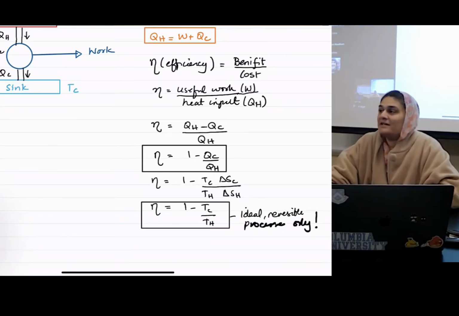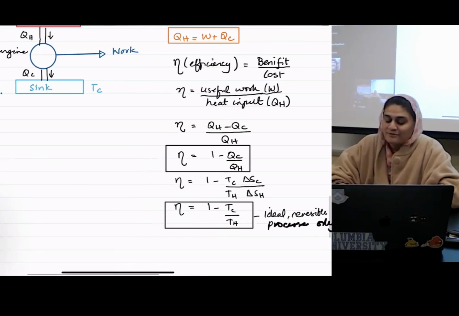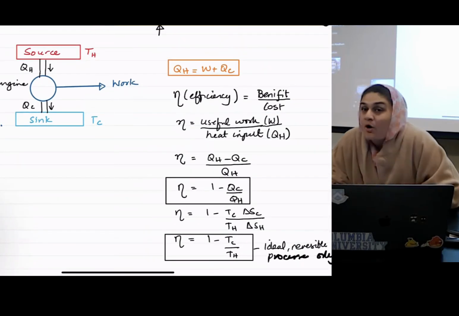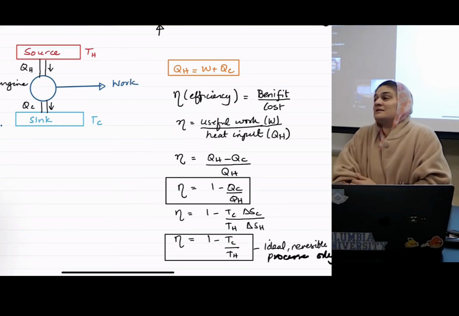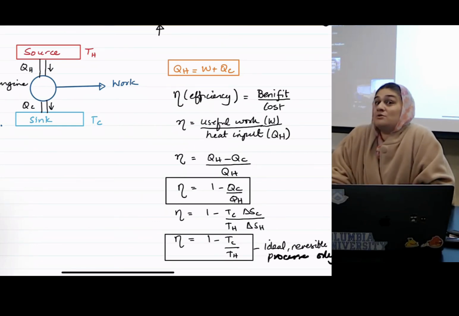So how do I get the efficiency to be 100%? If I make my ratio TC over TH very, very, very small, ideally 0, can that happen? In order to do that, what I'm trying to tell you is that all of the heat that I had is going to be converted into useful work.